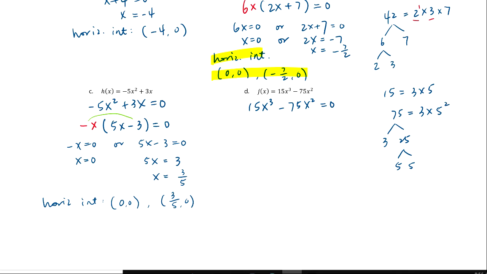And again, we're looking at the factors in common, and we want to raise it to the lowest degree that they have in common. And we see 3 is in common and 5 to the first degree is in common. Therefore, our GCF is equal to 3 times 5, which is equal to 15.